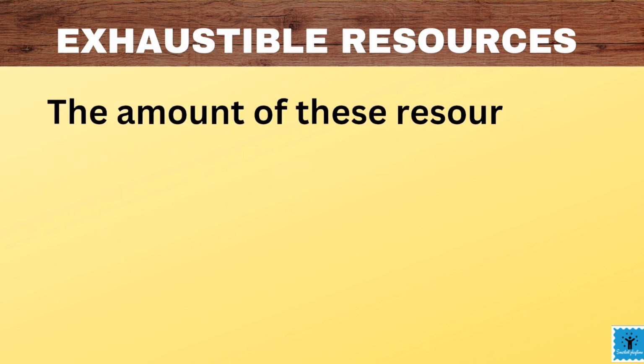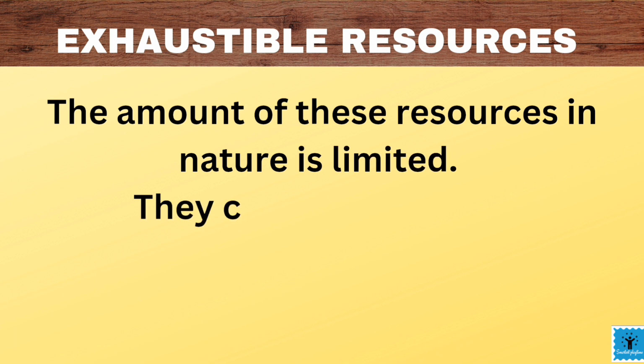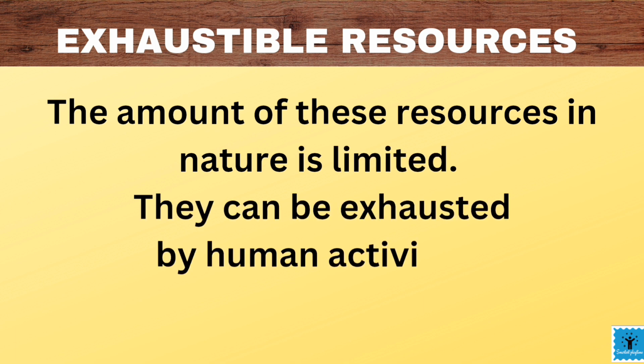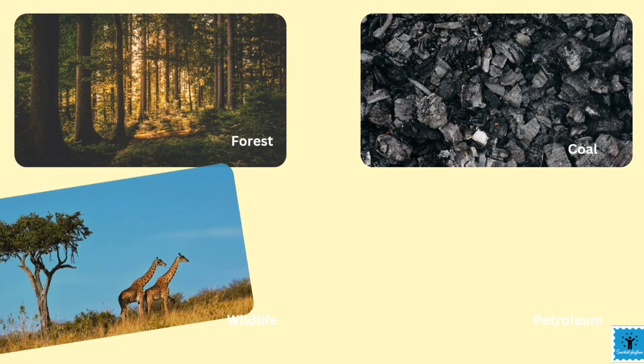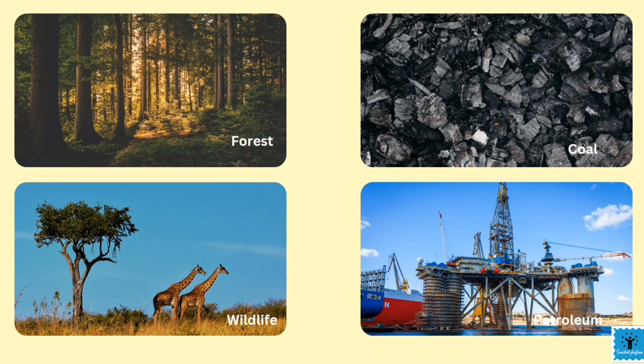These resources are limited in number, and once these are used up, they cannot be replaced easily. These are also called non-renewable natural resources. Examples of these resources are forests, wildlife, minerals, coal, petroleum, natural gas, etc.